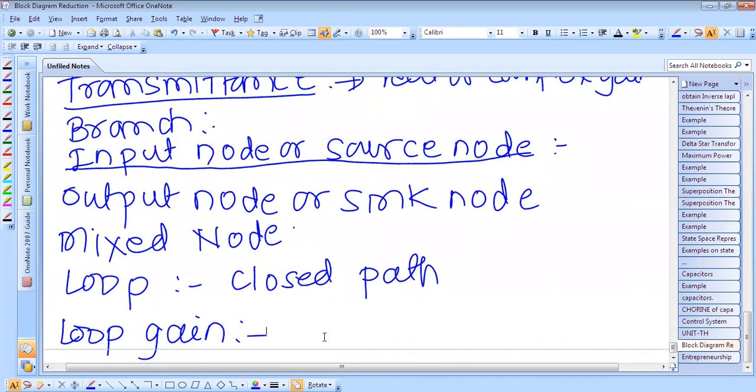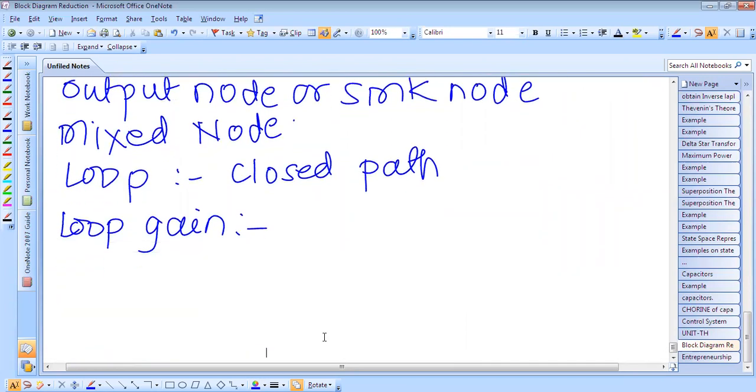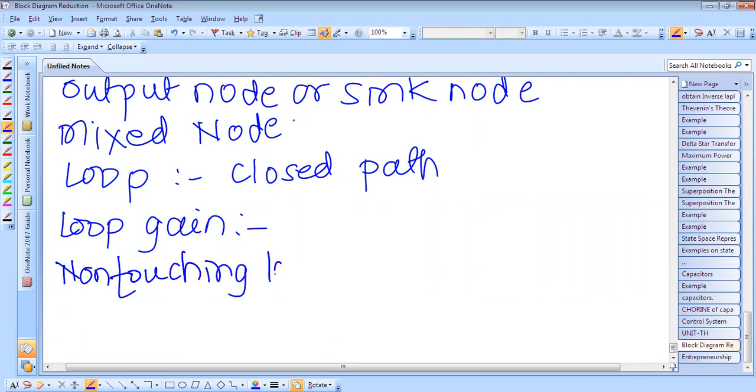Next is non-touching loops. There are some loops which may not touch.